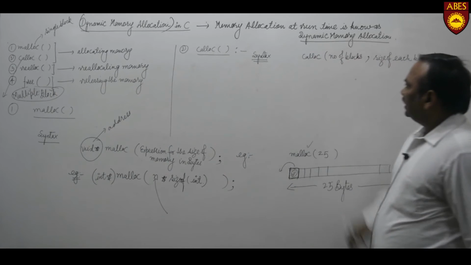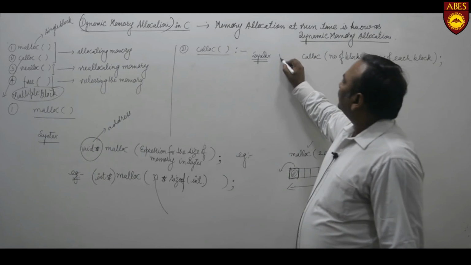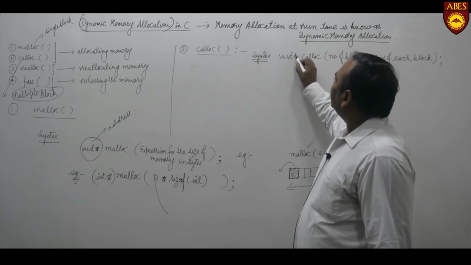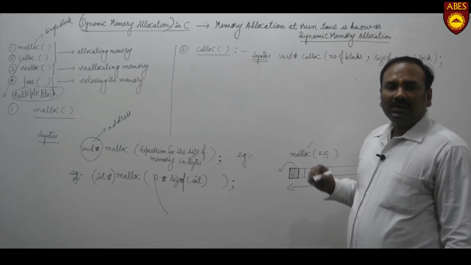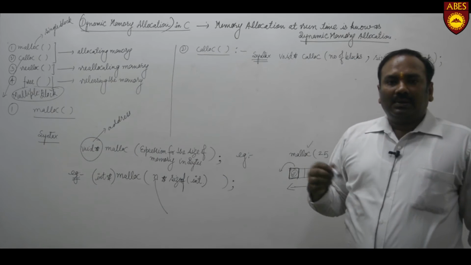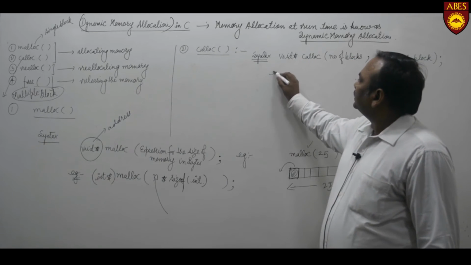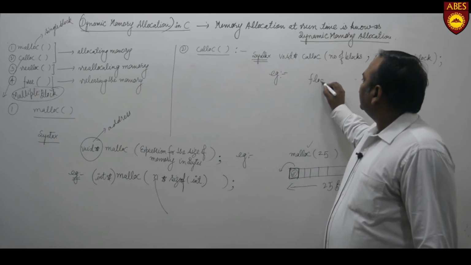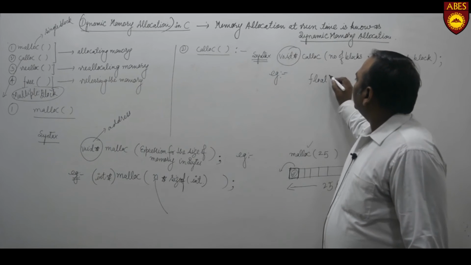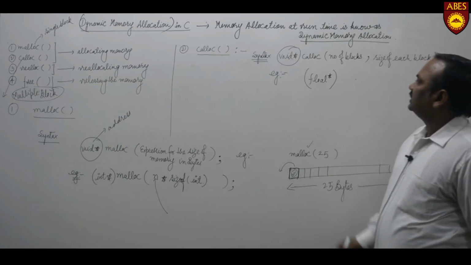Obviously, in the same manner, it also returns the address of its first byte in the form of a void pointer, and as per the demand and requirement, we can cast this to whichever type of pointer we want. For example, if we want to store floating type data, then we can cast this void pointer address with a float pointer by using the cast operator.